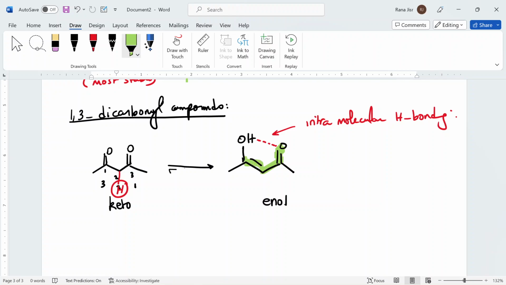Don't forget the conjugation in this case. Over here, I do have conjugation. Both are going to make this structure very stable, more to the enol side. So this is why the direction of equilibrium is going to be more to the enol side compared to the keto side.